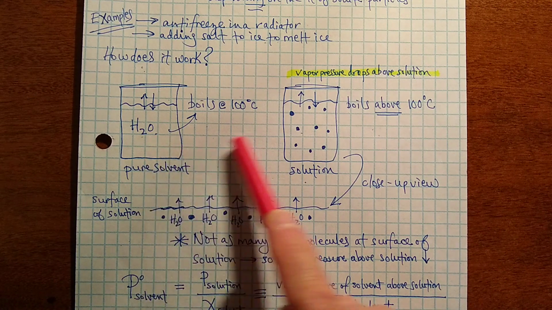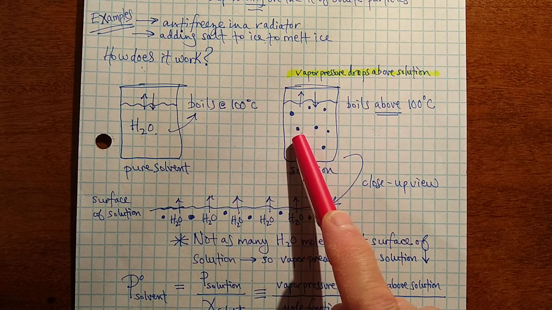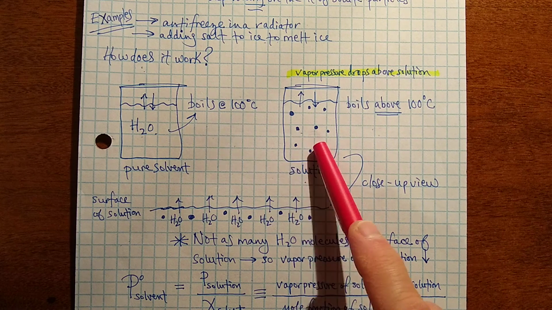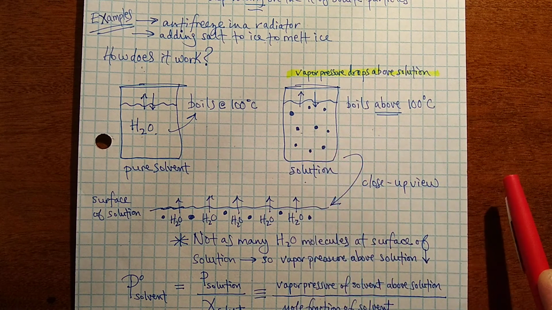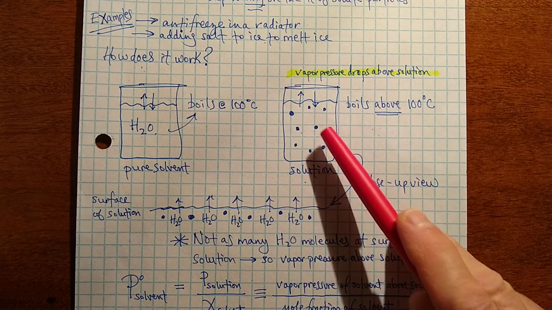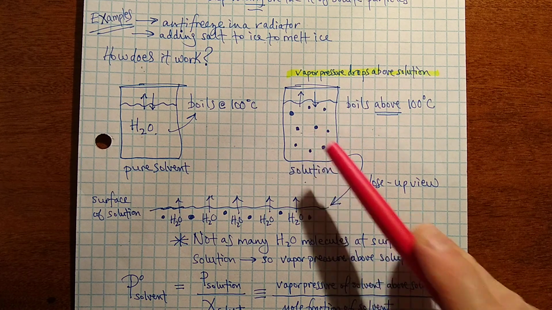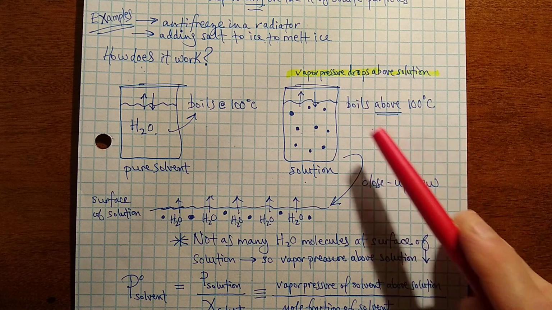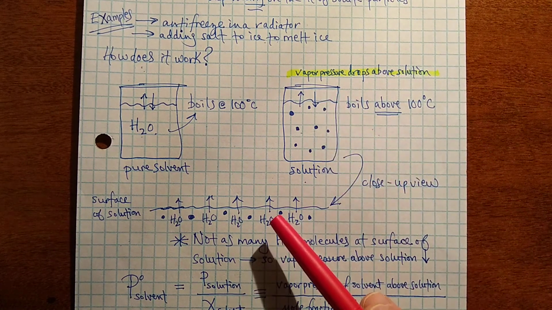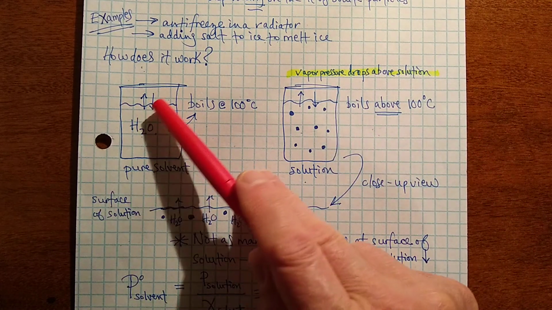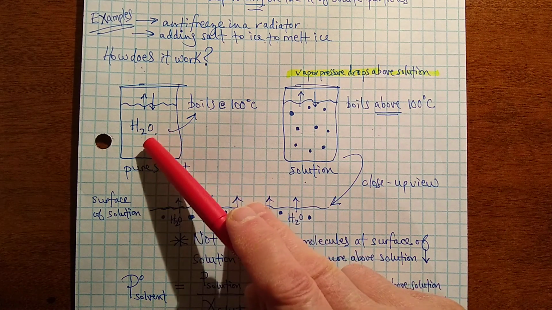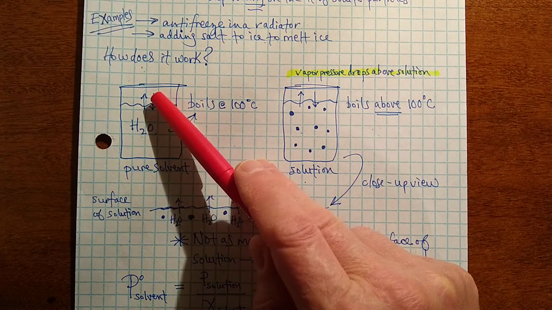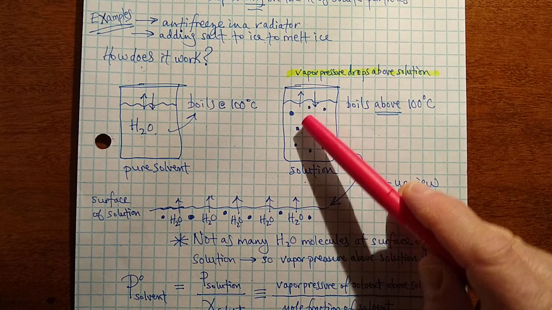Well, let's say you took a solute, which we'll represent with these blue dots here. What happens? Well, the solute, the blue dots, does something interesting. It lowers the vapor pressure of the solution. Remember, the vapor pressure of a solution is caused by the liquid molecules evaporating and condensing at the same time.